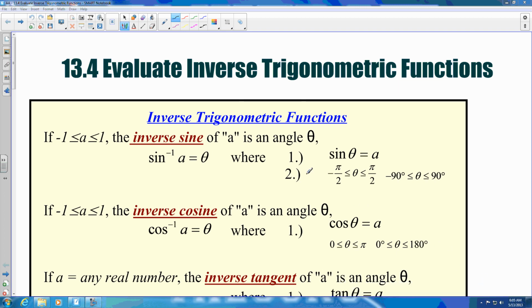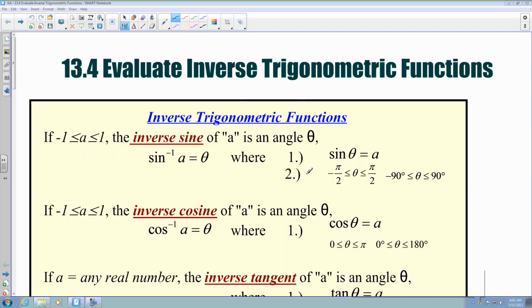When you evaluate those, you get some kind of decimal or values using square roots. But when you're taking inverse trig functions, this allows us to find the angle theta.